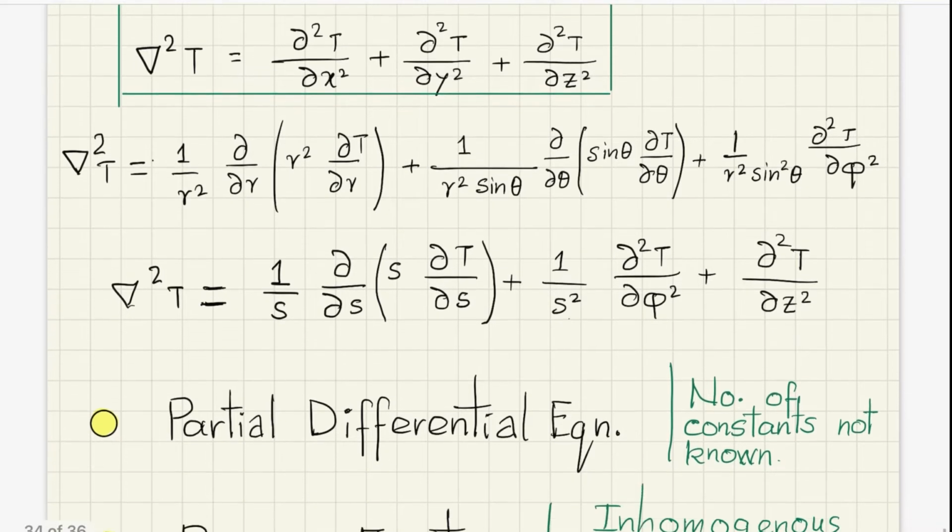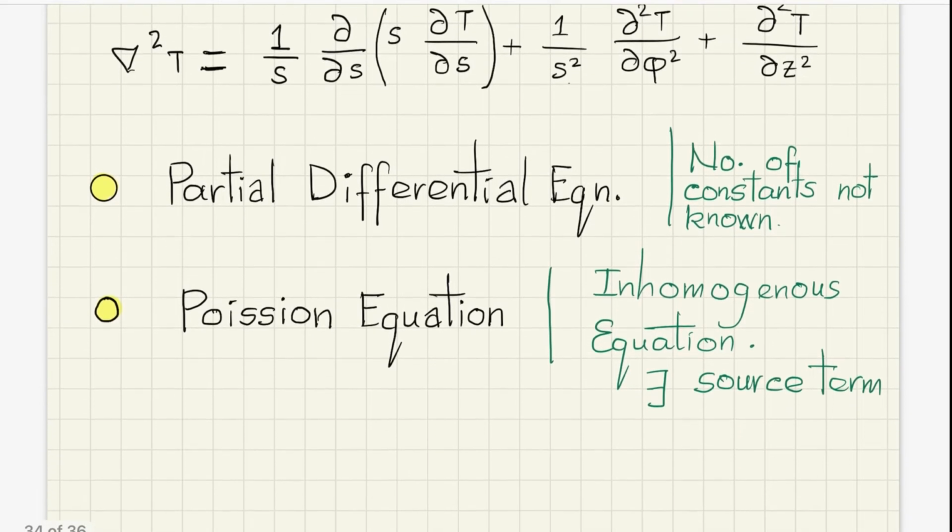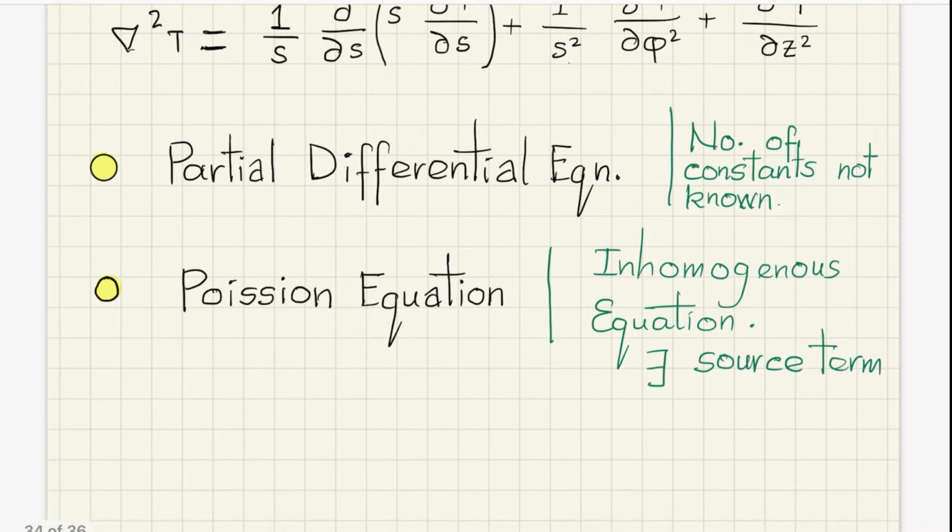What I want you to note is that it is a case of partial differentiation, and hence when you solve this, we do not know a priori how many constants will be involved in its solution. You might have already studied that in a first-order differential equation there will be one constant of integration, and hence I need to know one boundary condition.